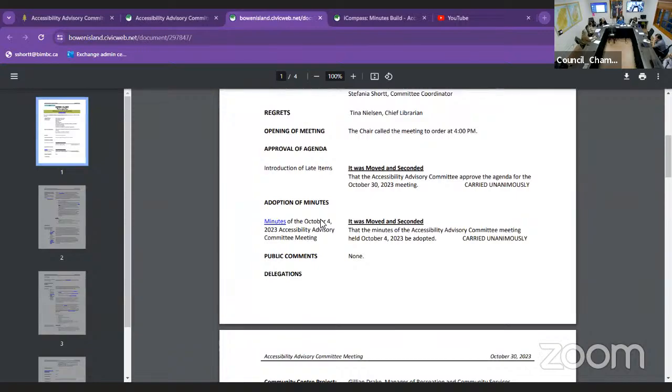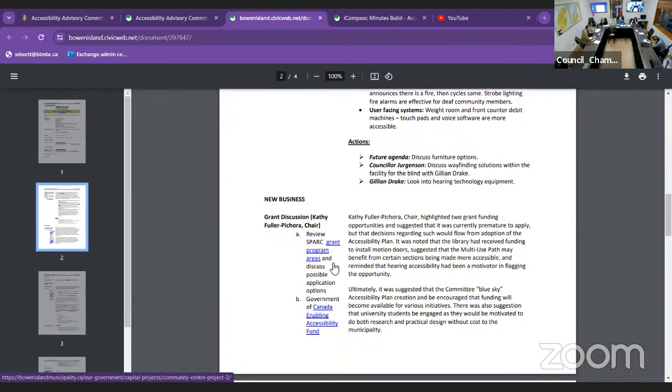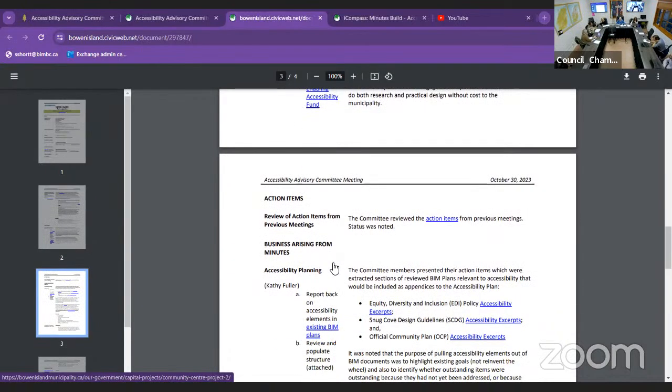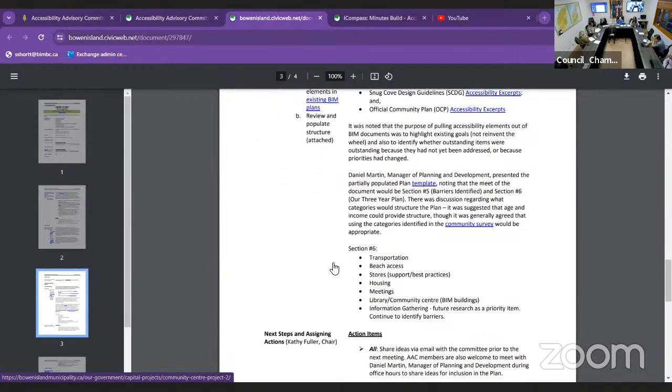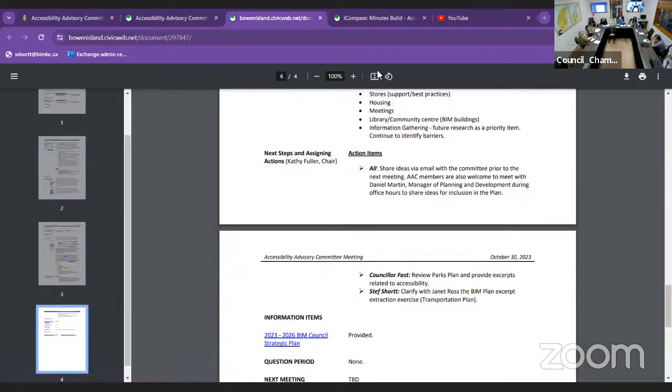I'm just putting them on the screen for people to look at briefly. Okay, so we will come back to some of these items that are going to appear today as actions from those minutes. So we will revisit the highlights as we go. Okay, so we're going to recommend that we adopt those minutes. Yes. All right, very good.